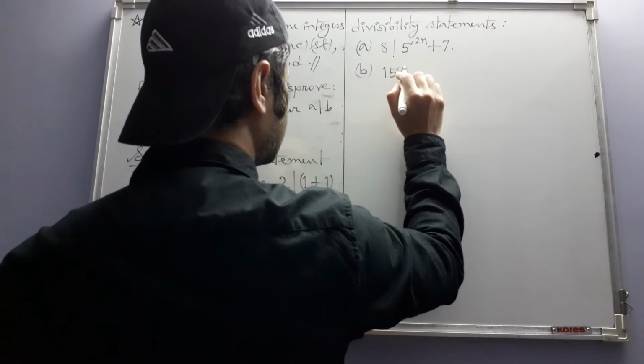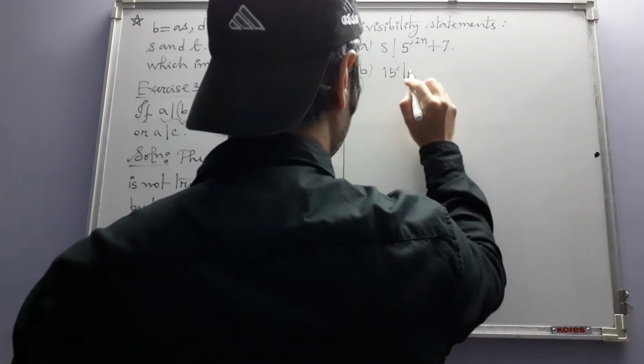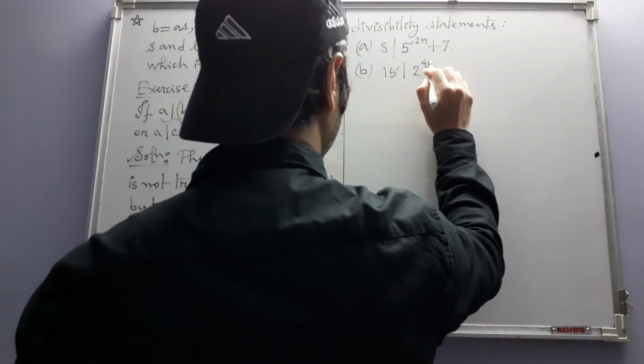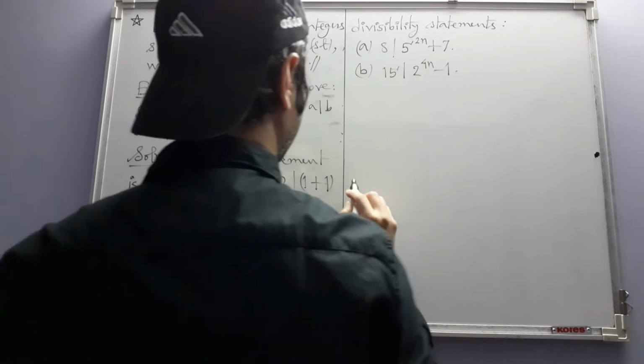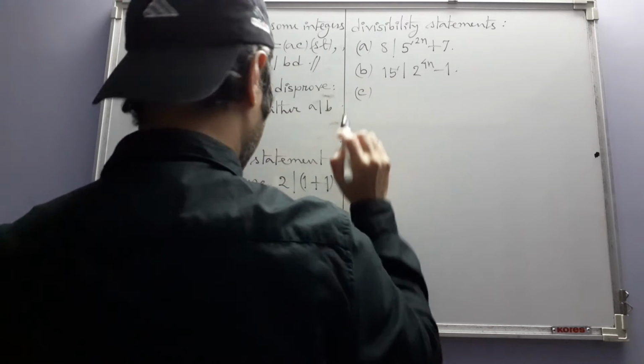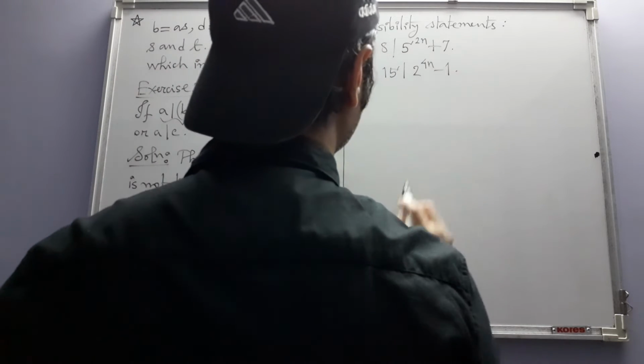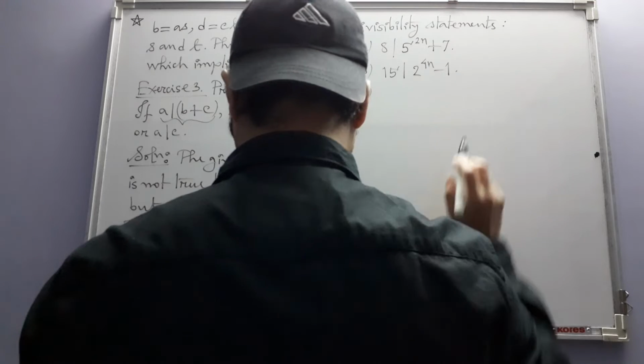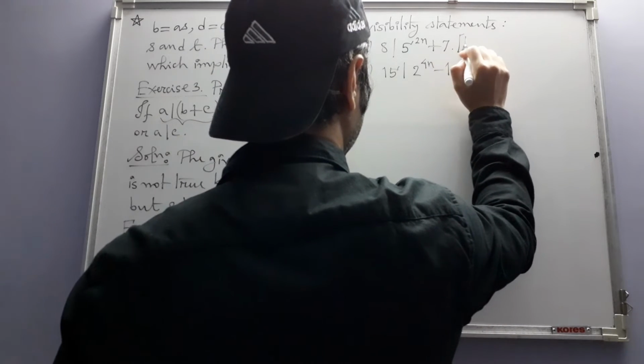15 divides 2 to the power 4n minus 1. Then parts, in the first one there is a hint also given. Okay, let me just write that here.